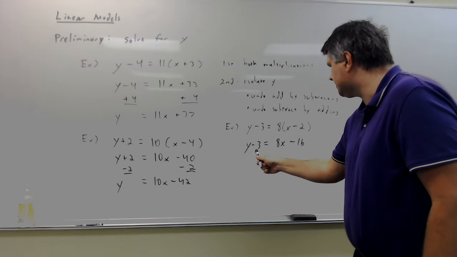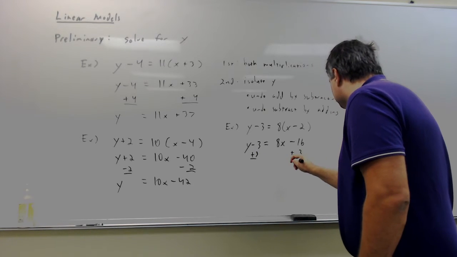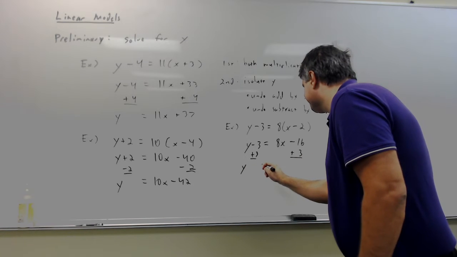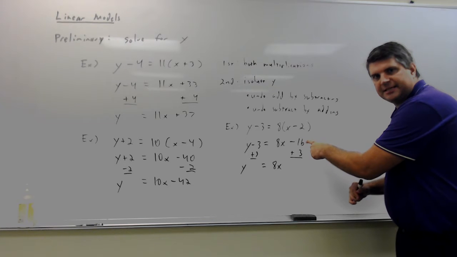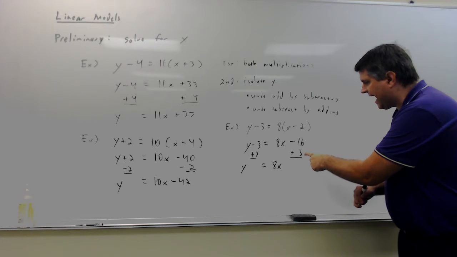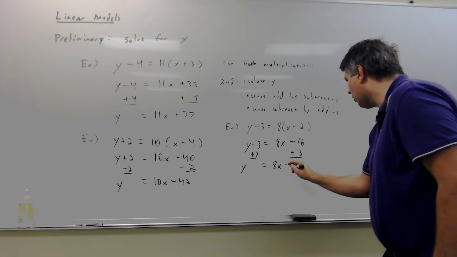I will undo this subtraction by adding. The 8x is left alone. This is a loss of 16, but we gain 3. A loss of 16 with a gain of 3 is a net loss of 13.